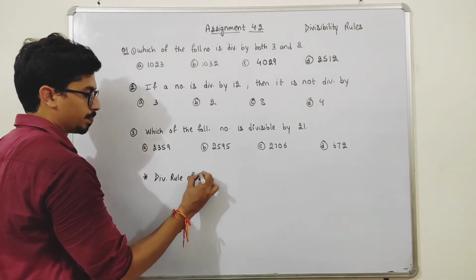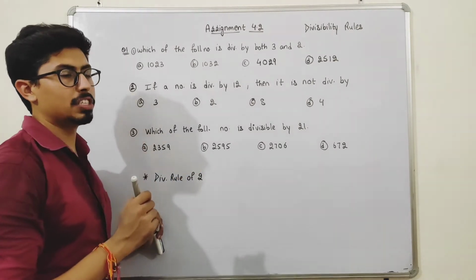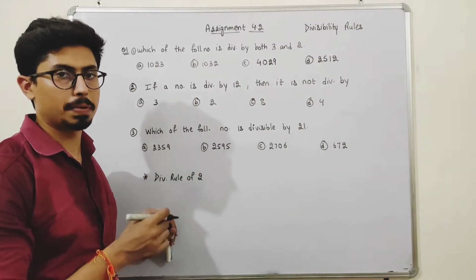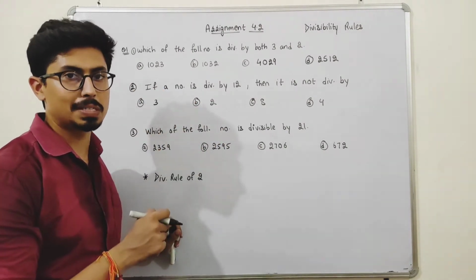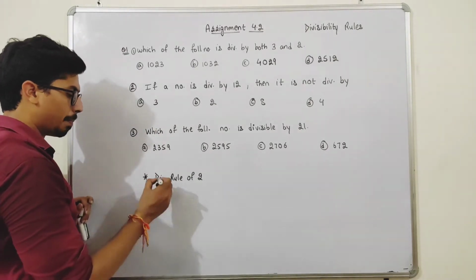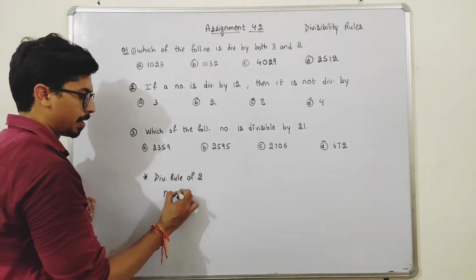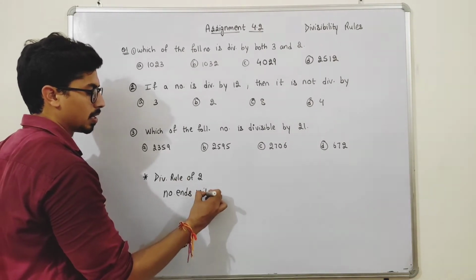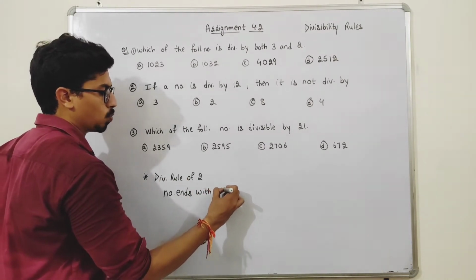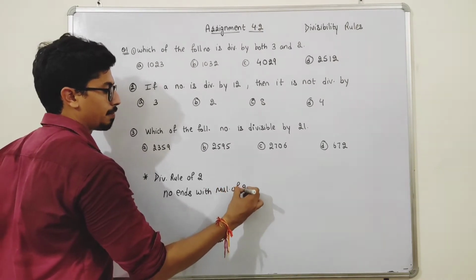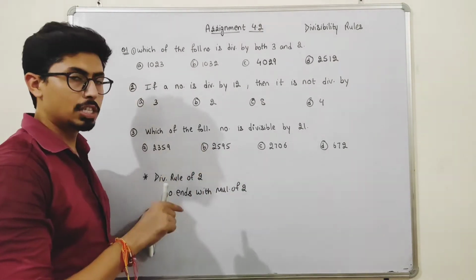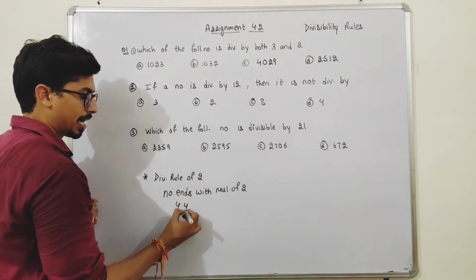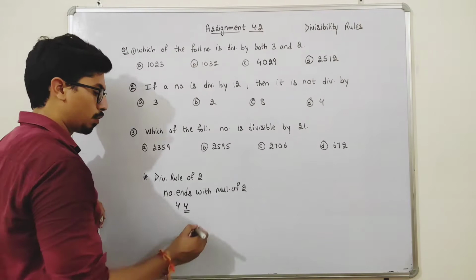of 2. Any number which is divisible by 2, how can we see that? If any number ends with a multiple of 2, like 44, it ends with 4, that is a multiple of 2.